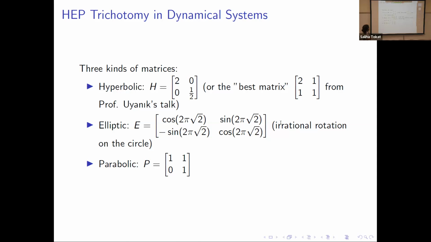The norm of one of the eigenvalues is less than 1, the other one is bigger than 1, which is a hyperbolic matrix. In elliptic cases, we have a rotation matrix with irrational angle. In parabolic cases, the matrix (1,1;0,1) is a shear matrix, whose eigenvalues are just 1.